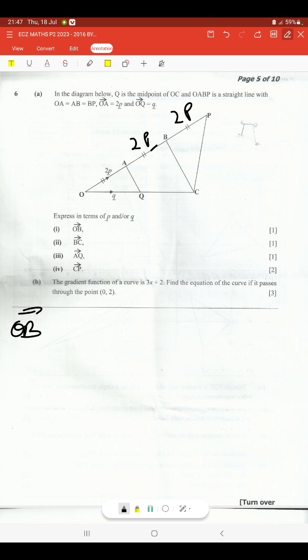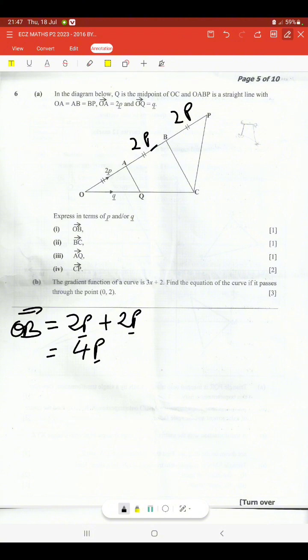Therefore vector OB is going to be 2P plus another 2P, which gives us simply 4P. That is our vector OB.